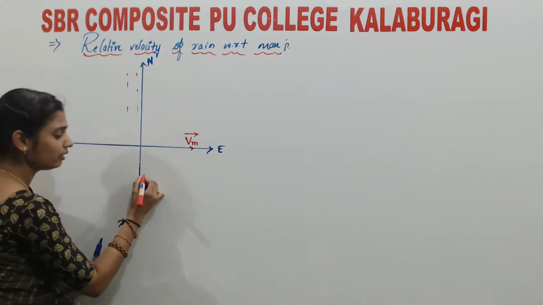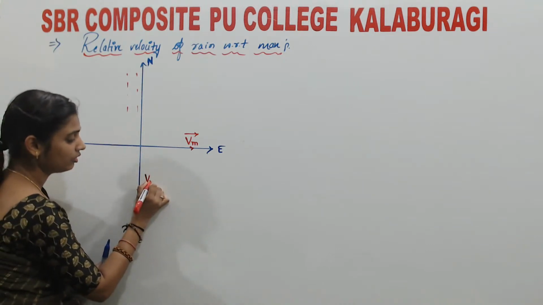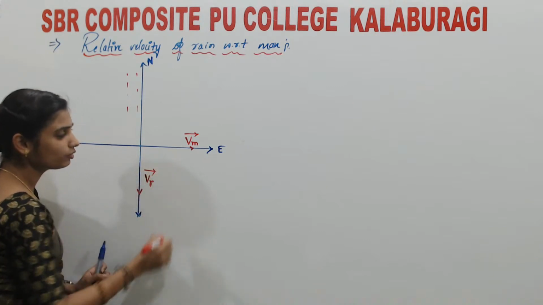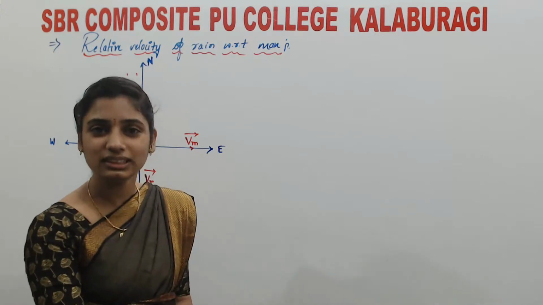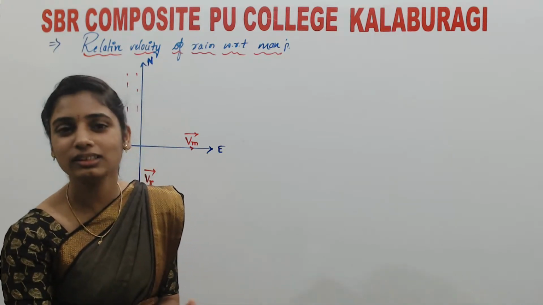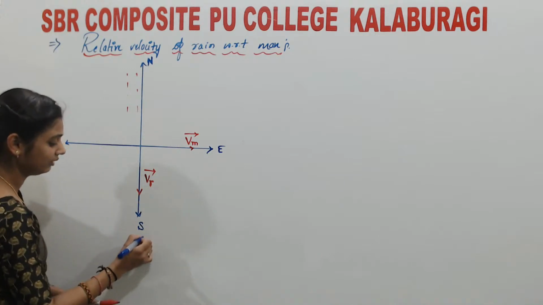Let us take Vr as the velocity of rain, with which it is falling vertically downward. Yes, it is east, west, north, south.